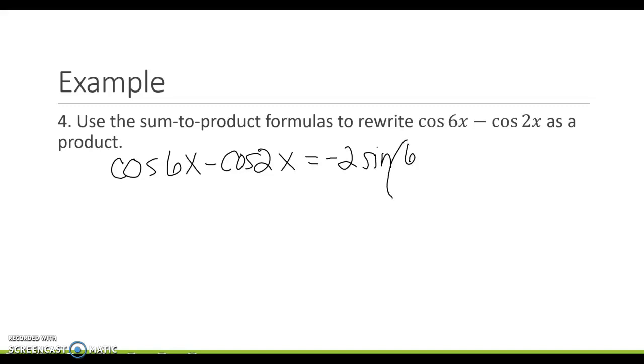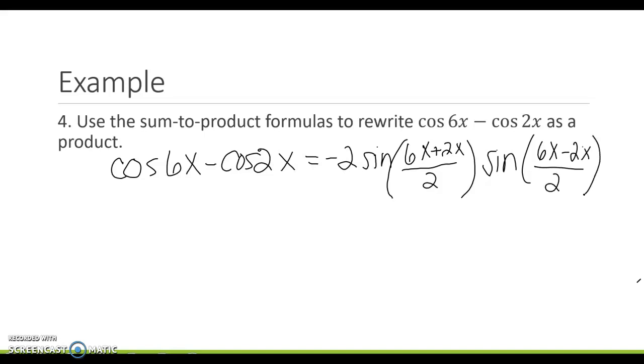of (6x plus 2x) divided by 2, and sine of (6x minus 2x) divided by 2.